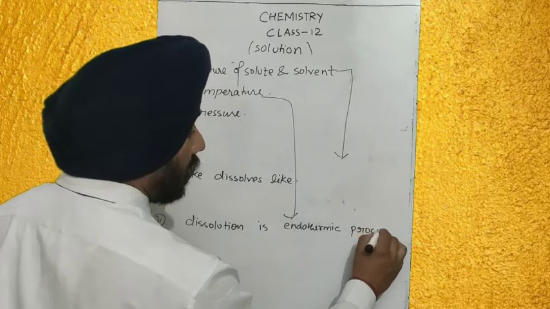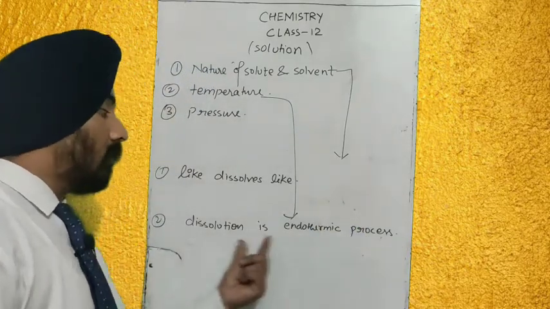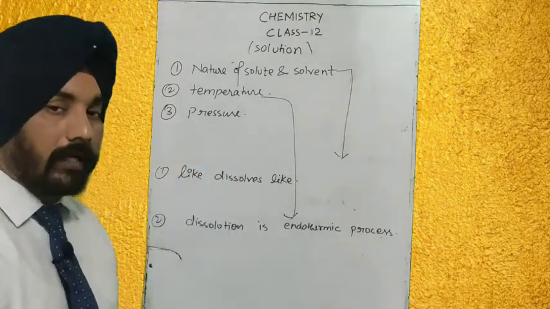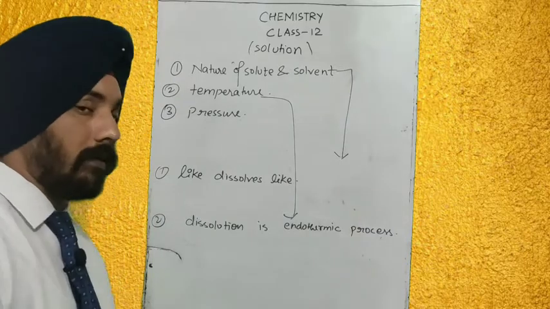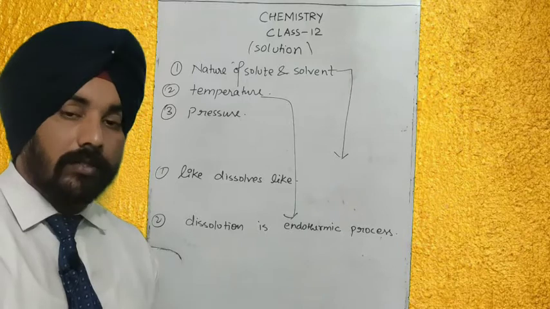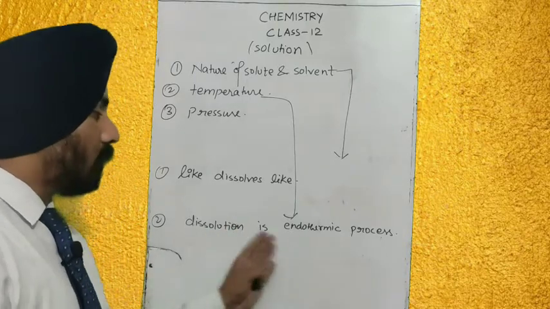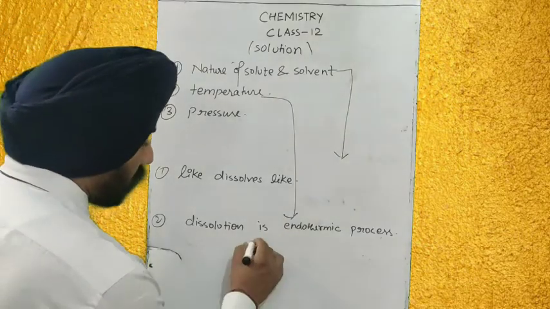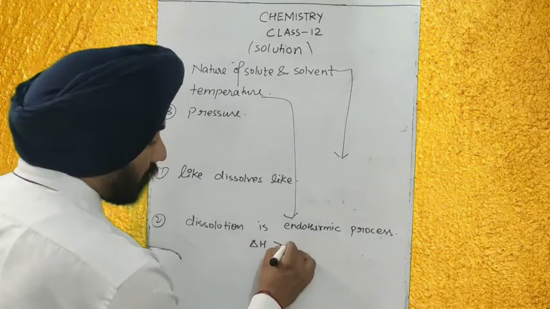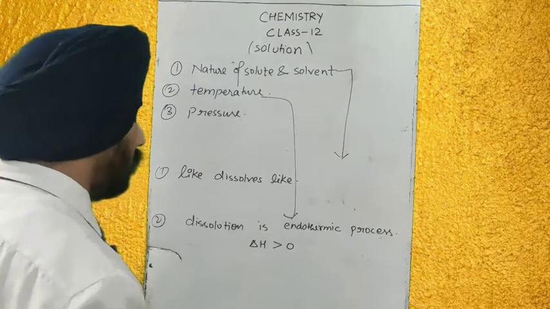It may or may not be endothermic, it can be exothermic also, depending upon the type of solute and solvent we are going to dissolve in each other. If dissolution is endothermic, that means delta H, the change in enthalpy, is greater than 0, a positive value.